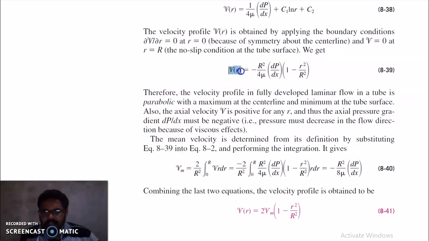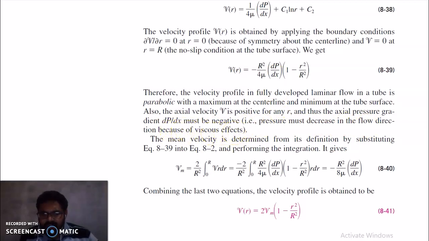Velocity is always positive, it can't be negative, but here we had a negative sign. It means dp by dx must also be negative, so that negative and negative will cancel out to give a positive velocity.